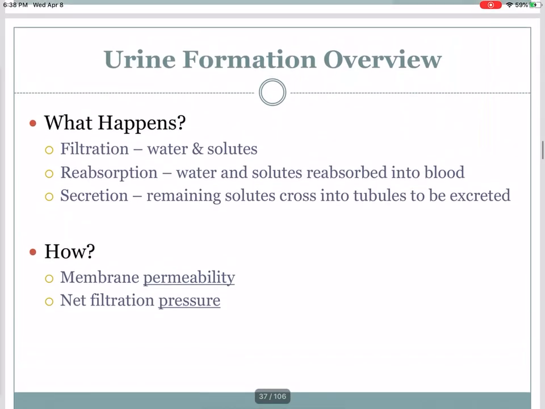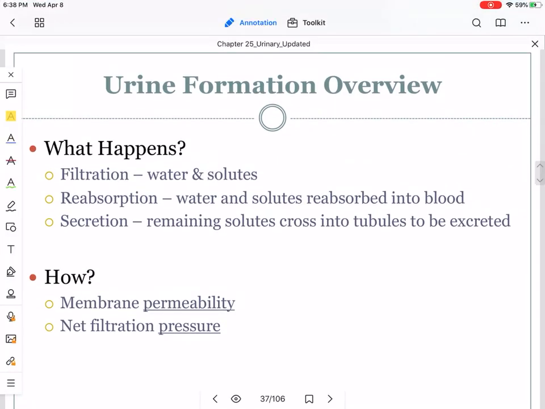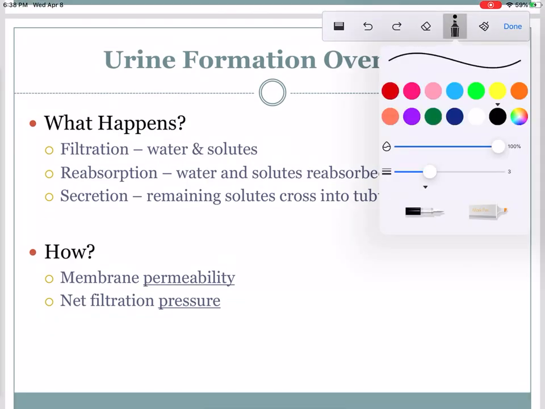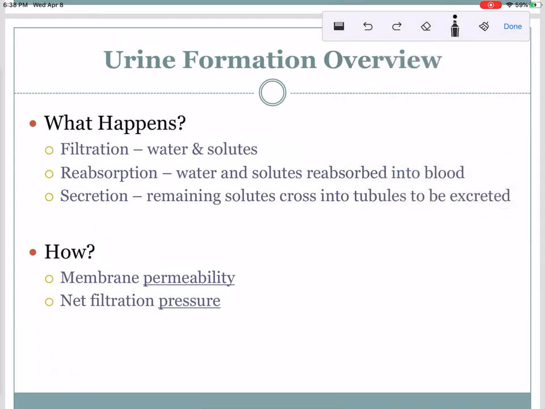All right, I'm going to go back for one second because I want to talk about something that we already know, but we have to make sure we talk about it. In order to filter, we must have two things. We talked about that glomerular membrane that has these filtration slits. Anytime we try to filter, we must have at least a semi-permeable membrane.